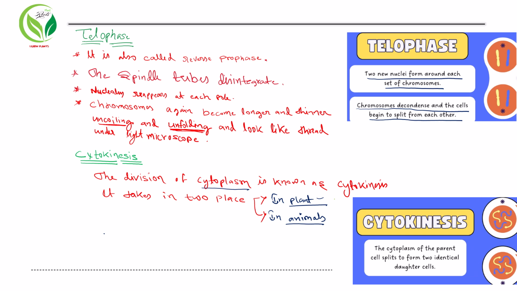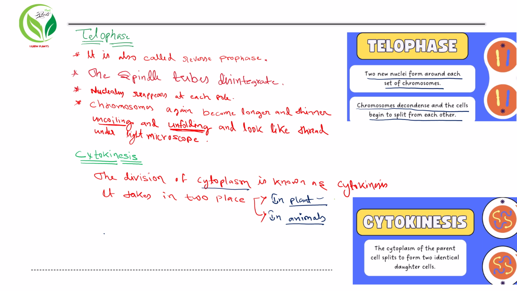So after this cytokinesis, we have to enter into meiosis. Okay. So I can explain this. In plant cells, cytokinesis works by the formation of a cell plate, which lays down across the region of the metaphase plate.